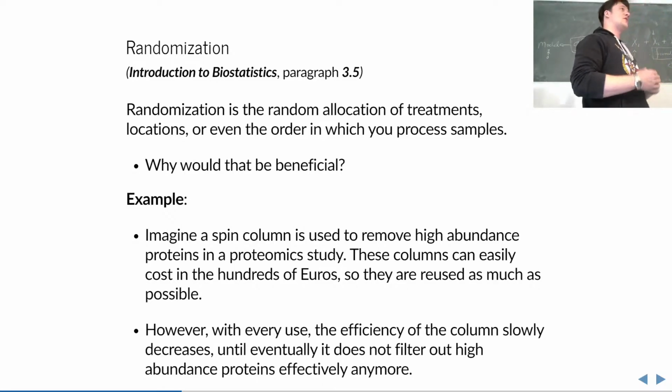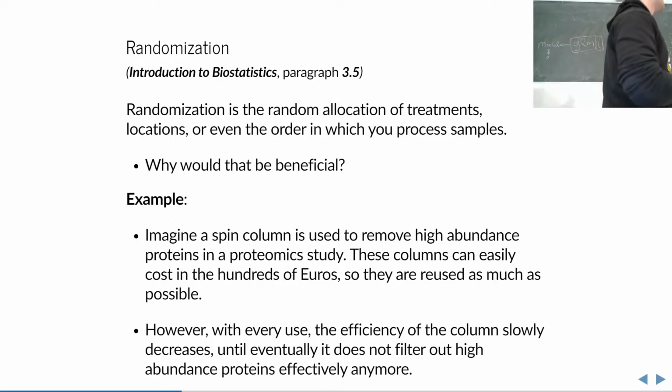It's a kind of column where you can get rid of all the things except for the proteins in your sample. But the thing is, they're incredibly expensive. They cost hundreds of euros per spin column. So you don't want to use them once and then throw them away to be sure that you don't have bias, because of course we want to prevent bias, but not at hundreds of euros. So we want to reuse them in a way that is minimally biased.